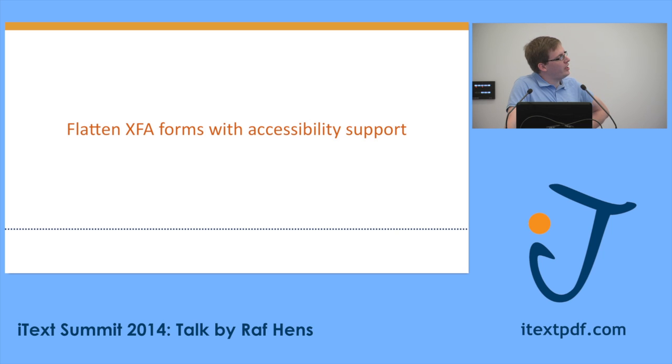In our first implementation of flattening XFA forms, we just produced a regular PDF without any structure information, without any tagging, without any accessibility. So like in our very first example, all extra information was thrown away when creating the PDF file. But of course, XFA is based on XML, so the complete form is described as an XML structure.